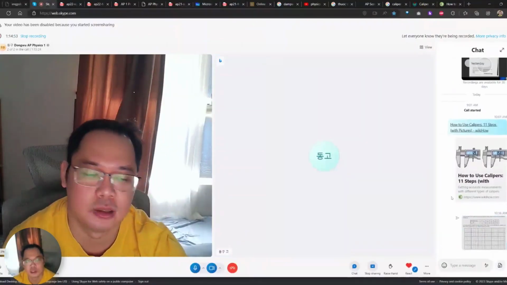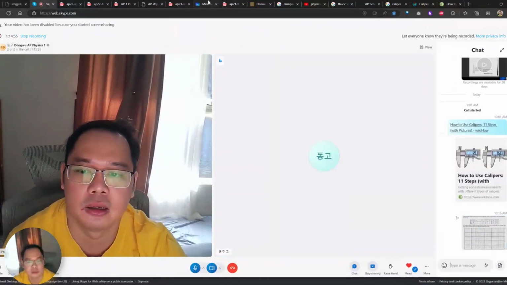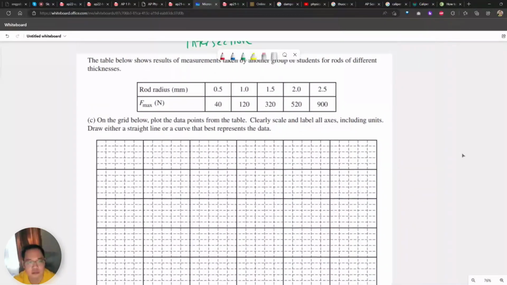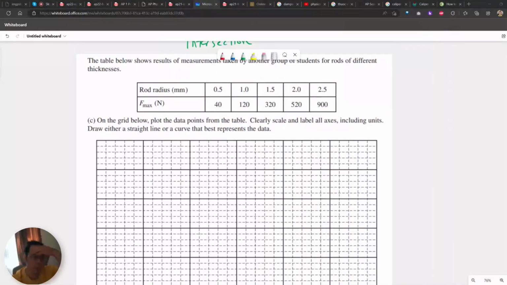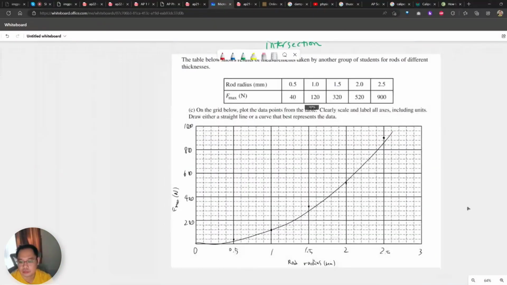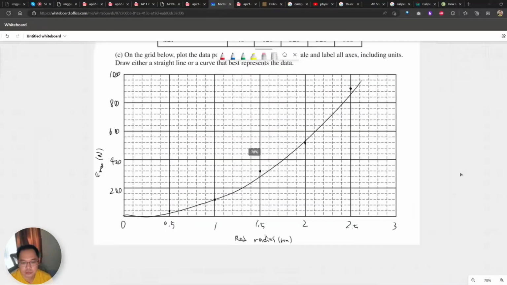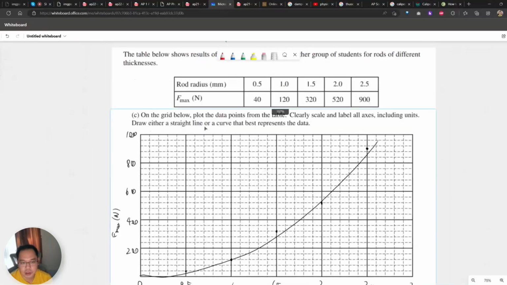Draw the graph, the curve or straight line. Please do that, take a photo and send it to me.